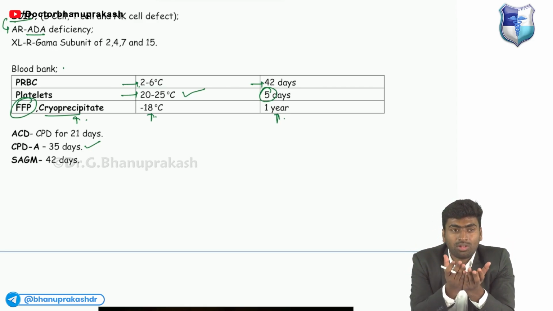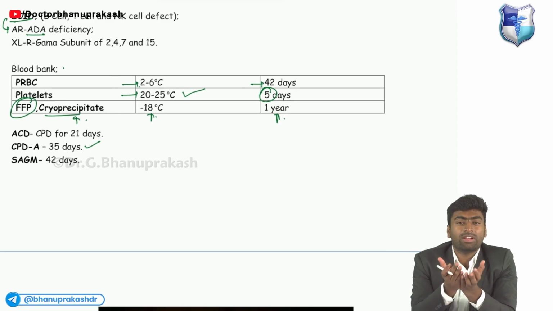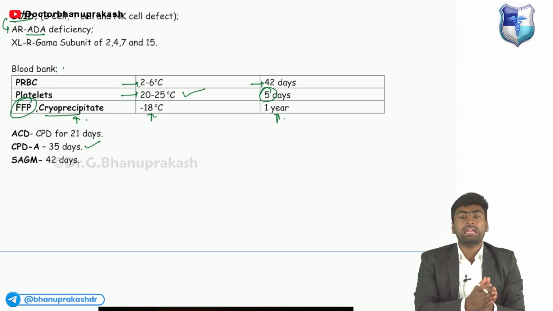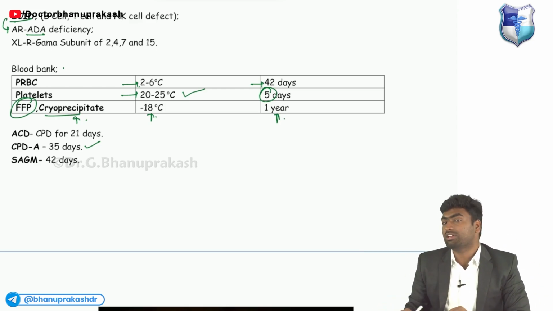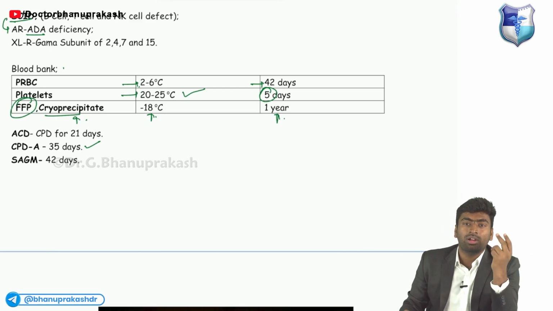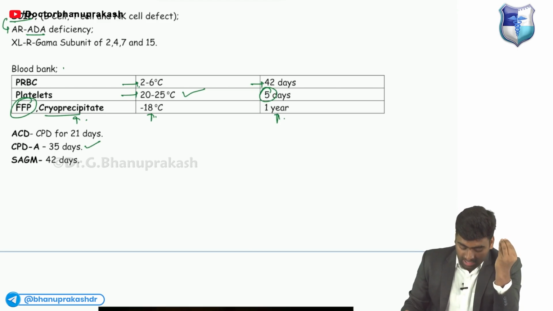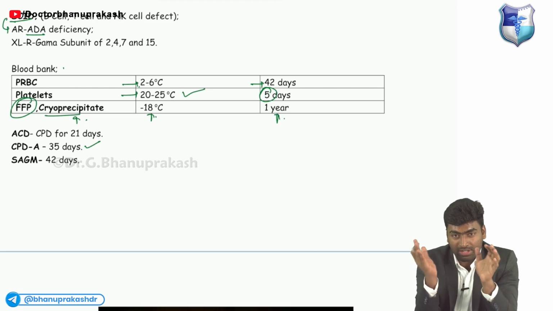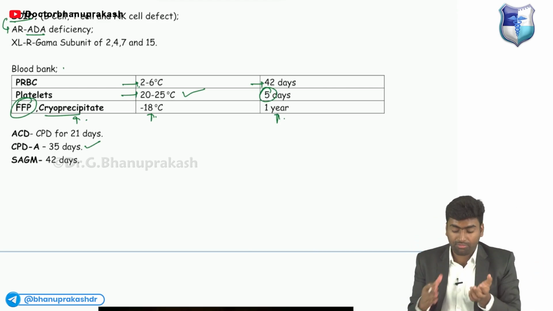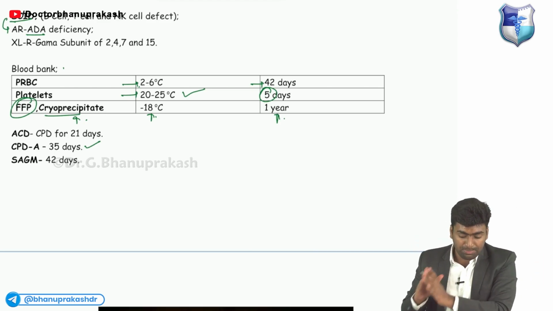Now they will ask, as an intern, what will you do? Will you bring it back to the blood bank and keep it for 2 more months, or will you discard it? You may think that there are 4 more months left, right? But no. Once deep frozen plasma or cryoprecipitate is thawed, meaning brought to normal temperature, we cannot keep it back. So if it is thawed, then we need to dispose of it for sure.